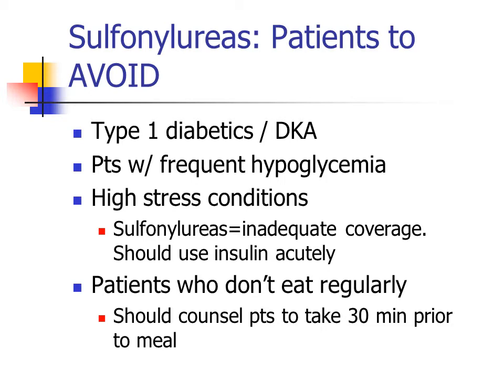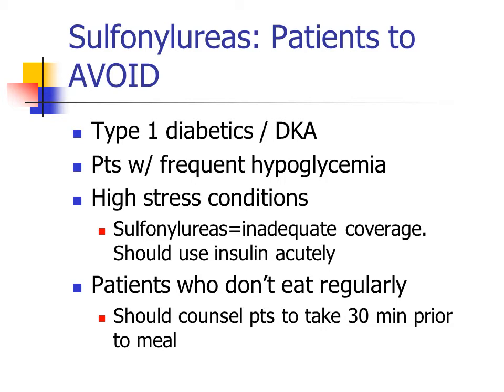If a patient is in a high-stress condition, such as an infection, hospitalization, etc., sulfonylureas may provide inadequate coverage. Acutely, insulin should be used to manage the patient, and they can be converted back to their oral agent once the high-stress condition has passed.